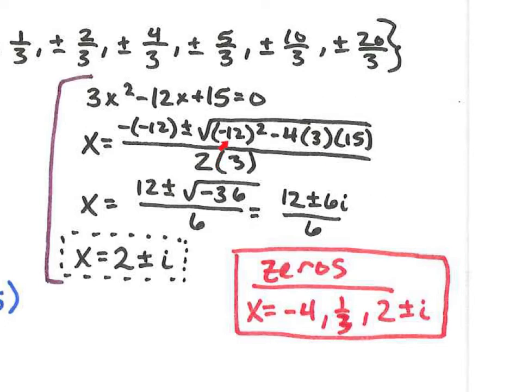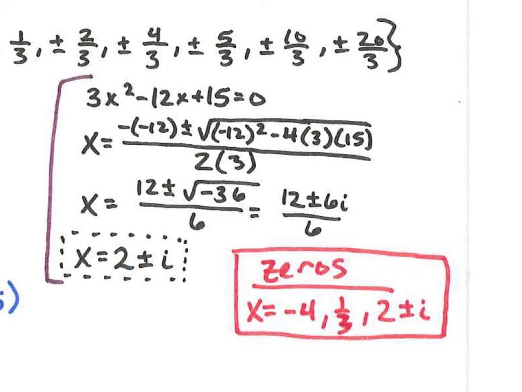We'd start reducing. This is 144 minus 12 times 15, which I don't feel like doing in my head, gives you negative 36. The square root of negative 36 is 6i. 12 divided by 6 and 6 divided by 6 both go. So this is going to be 2 plus or minus I.